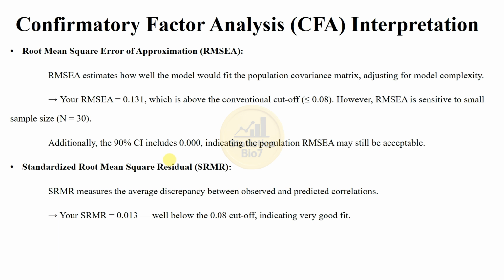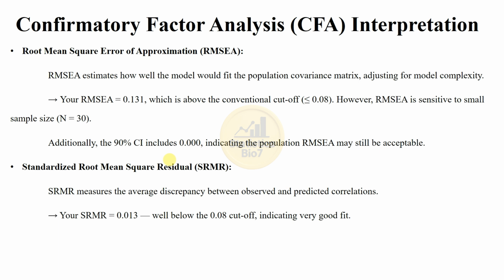However, RMSEA is sensitive to small sample size, n is equal to 30. Additionally, the 90% CI includes 0.000, indicating the population's RMSEA may still be acceptable.